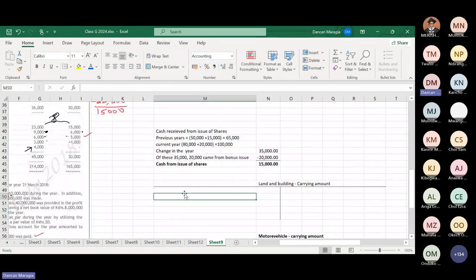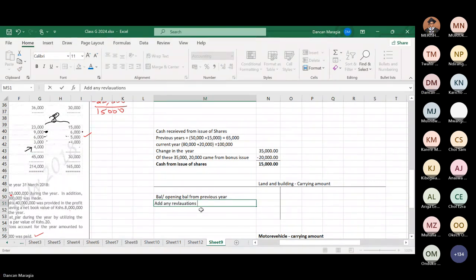So you start with the balance brought down, or opening balance from the previous year. Add any revaluations. Add any purchase of assets.